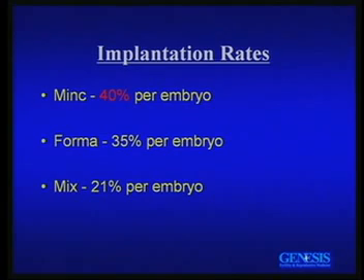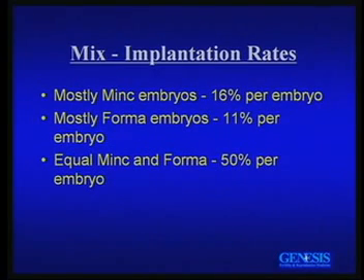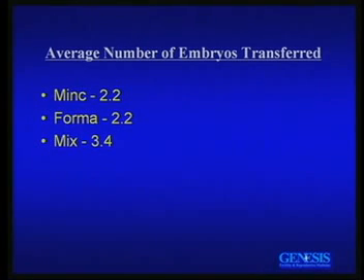And I also went back and looked at the implantation rates per embryo. It was 40% per embryo with the MINC, 35% with the Forma, and 21% when I did a mix. When I looked at the implantation rates of the mixed embryos, it was 16% per embryo when the majority of the embryos came from the MINC system, 11% from the Forma, and when they were equal, it was a 50% rate.